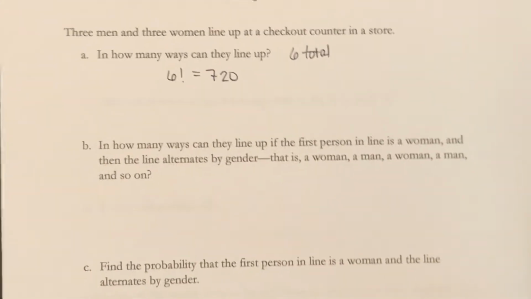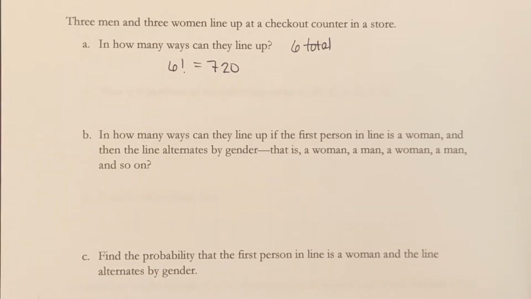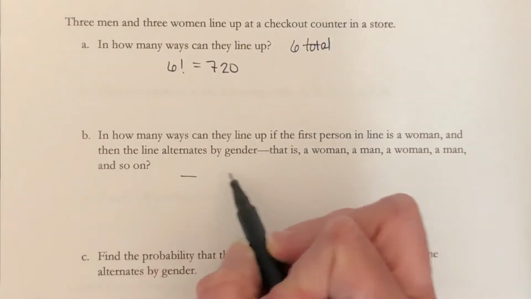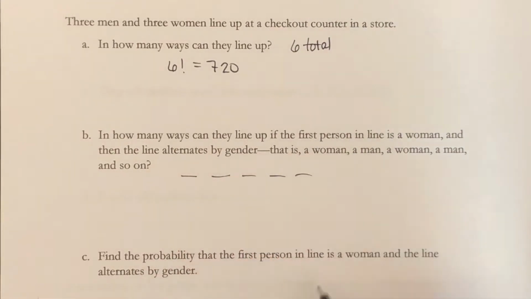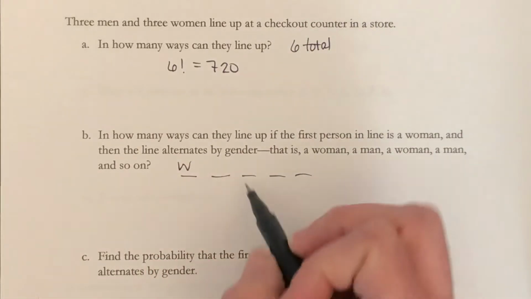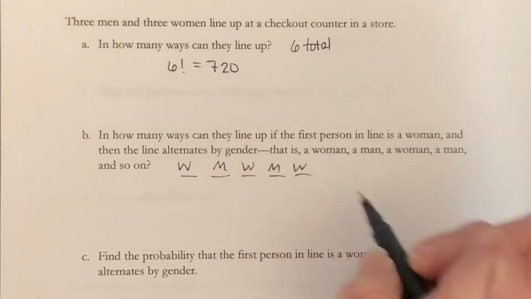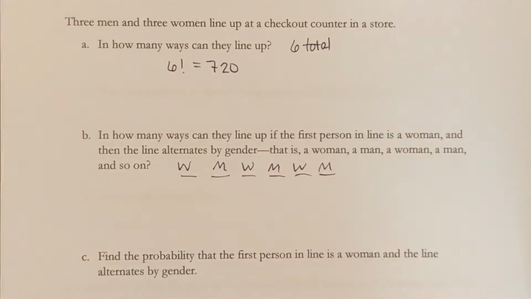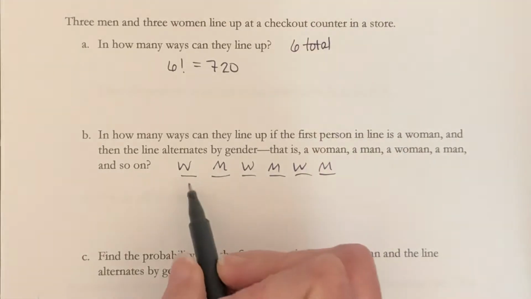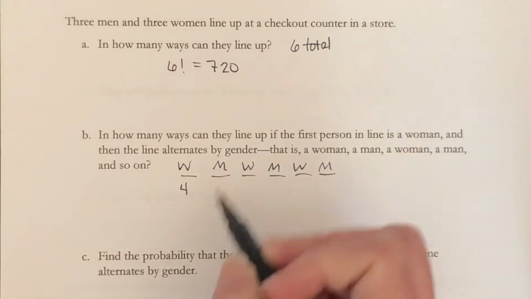Okay, so in how many ways can they line up if the first person in line is a woman and then alternates by gender? So it goes woman, man, and so on. Let's just think about our 6 spots. We are told that the first person is a woman and that they need to alternate. Okay, it would look like this. And now for this first woman, we have 3 choices, sorry, not 4.